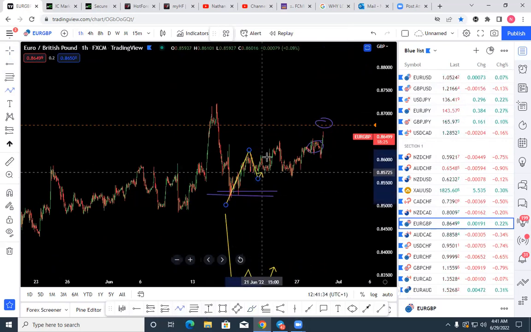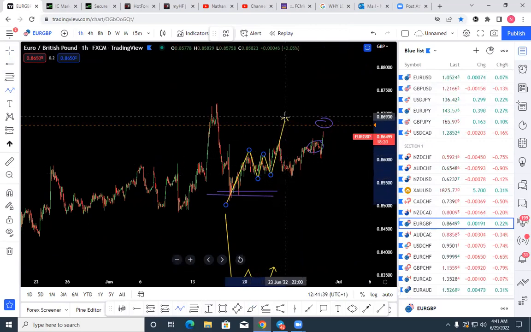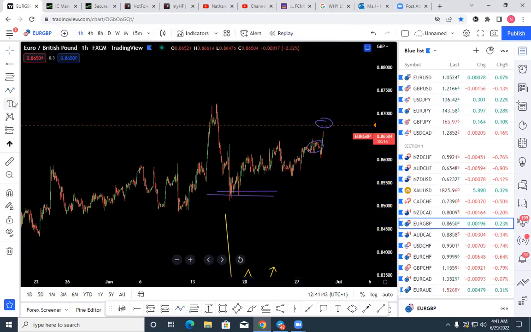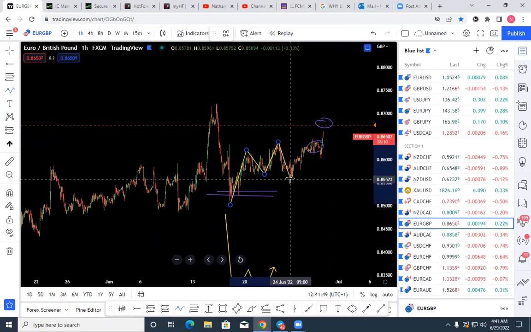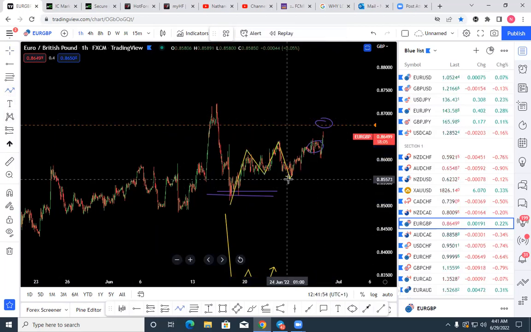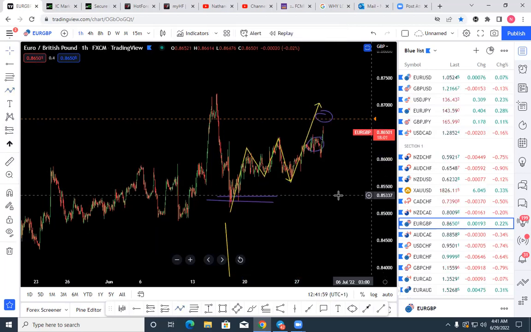We had this corrective structure, and we thought this one was enough to push this to the upside before we sell. But instead, what it gave us is you have this move, you have this corrective structure. Then I said, if you see my markup, this is expected. You have to expect this. I said it will happen to the upside.